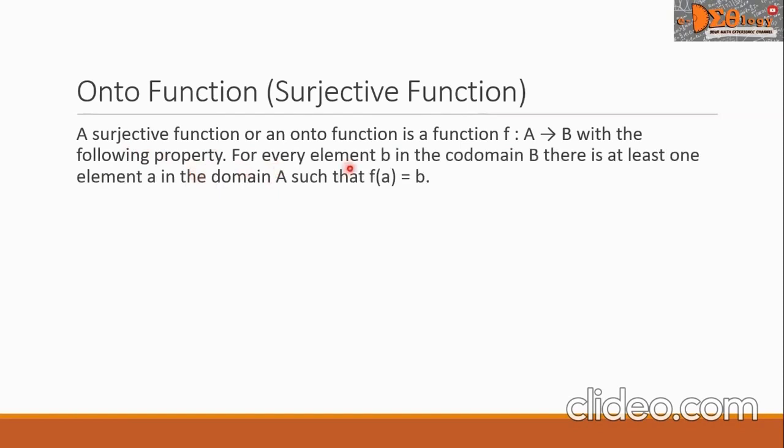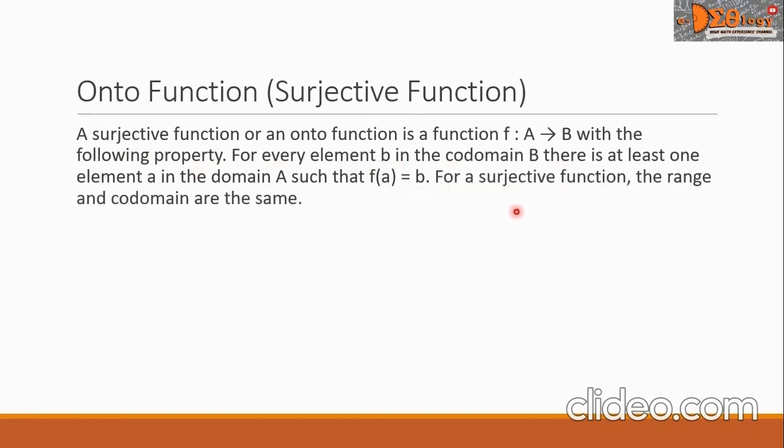For every element B in the codomain group B, there is at least one element A in the domain group A such that f of A equals B. For a surjective function, the range and codomain are the same.